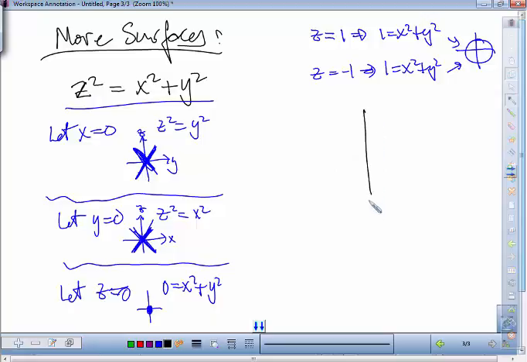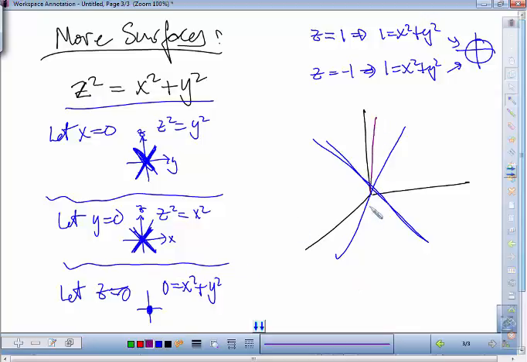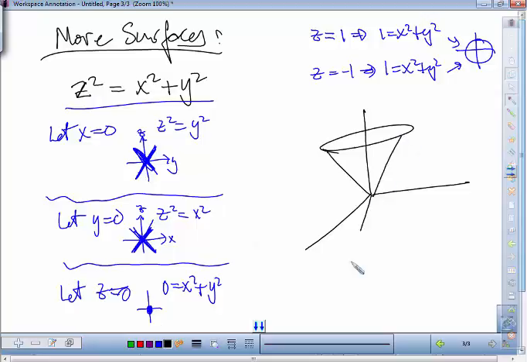So along the yz plane, you're going to get this x. Along the xz plane, you're going to get another x. Well, that's just going to get confusing. Why don't I just say it's going to be, so these are cones.